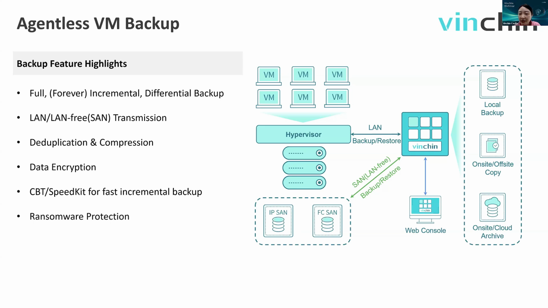For data size reduction, you can turn on the data deduplication and compression options to largely decrease the backup data amount, and it is a built-in function on the Vinchin Backup Server. We also have data encryption, CBT, ransomware protection, and other key features. I will talk about these key features in more detail from now on.